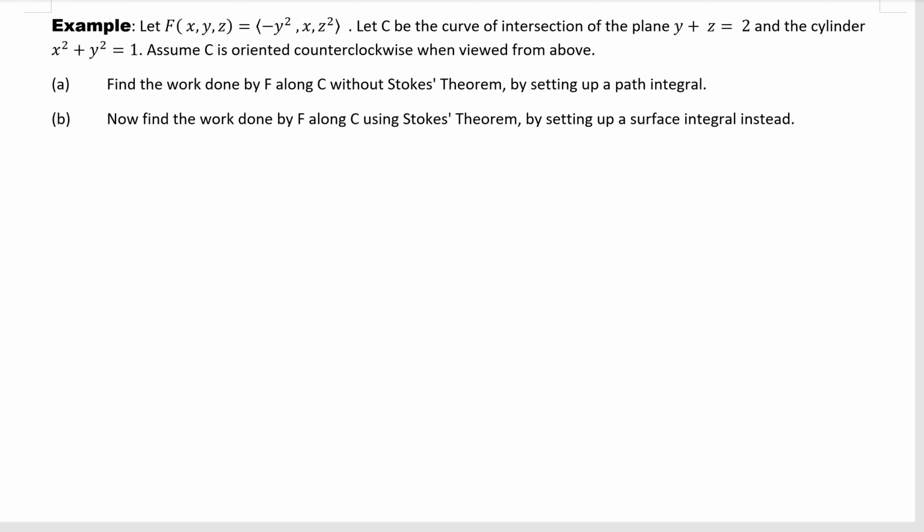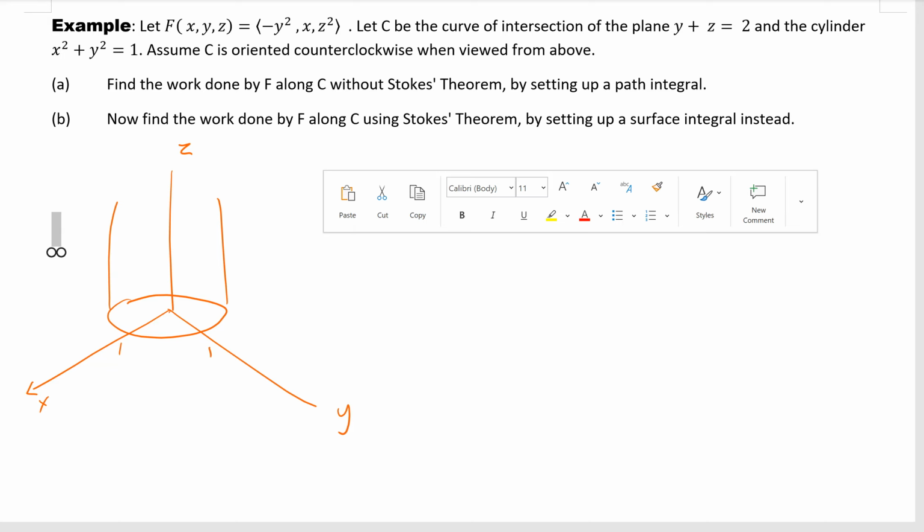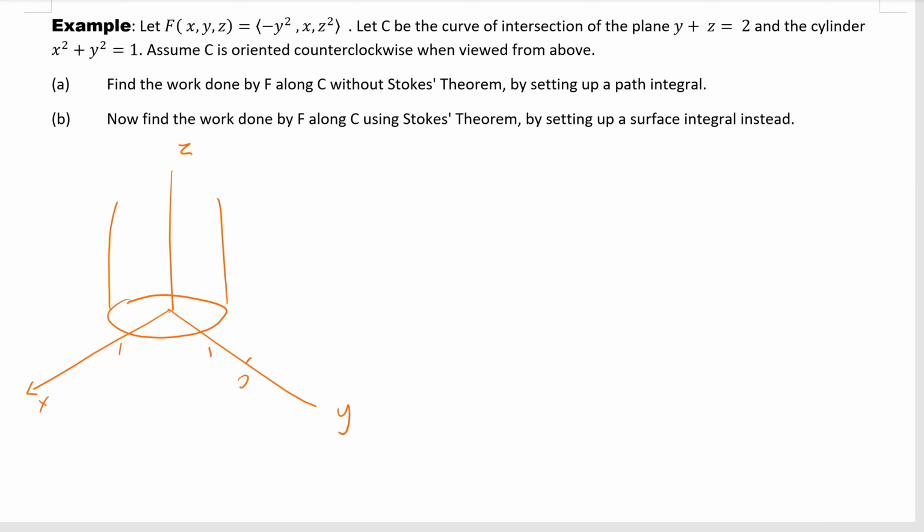So we have the plane and the cylinder x squared plus y squared equals 1. This is the unit circle, right? And we have a cylinder. And x plus z equals 2. This is like a line in the xz plane. When z is 0, we get x equals 2.